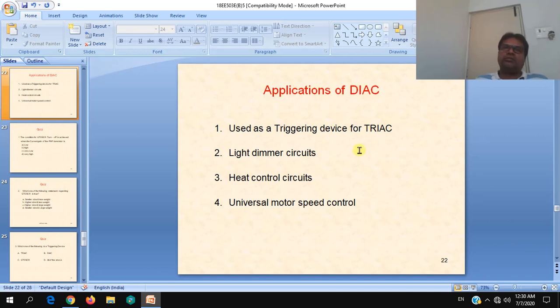So in most electronic circuits we will see the diac and triac together. It can also be used in light dimmer circuits, heat control circuits, universal motor speed control, and many other applications, mainly as a triggering device.